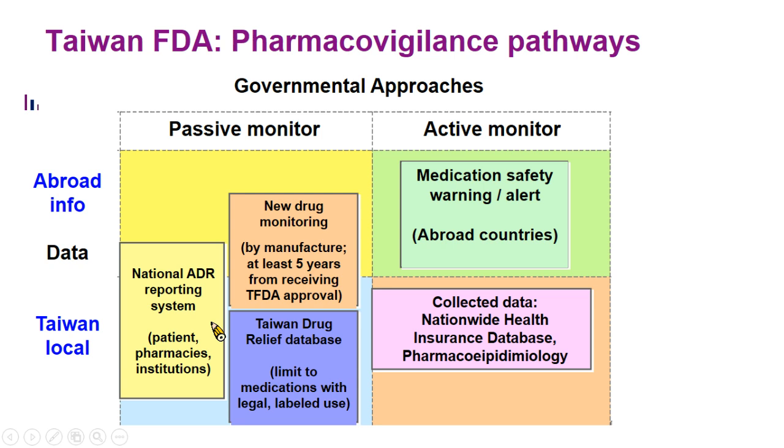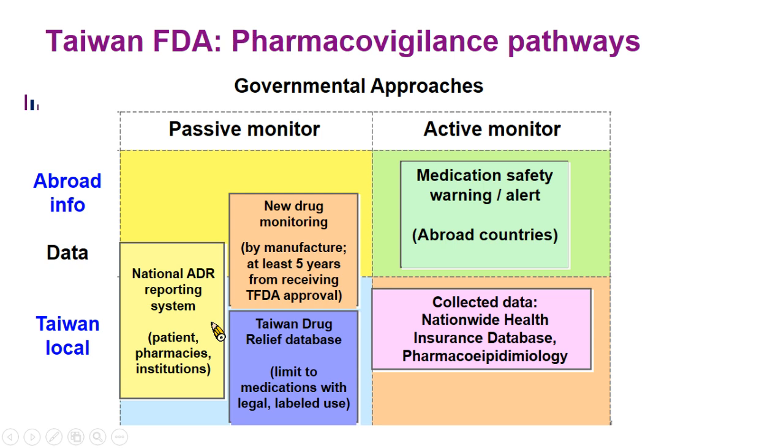So if there's any drug use that is off-label, like the COVID-19 oral antiviral drugs, Paxlovid or Molnupiravir, those are actively being used but not officially approved by TFDA; these two only have the emergency use authorization, EUA.